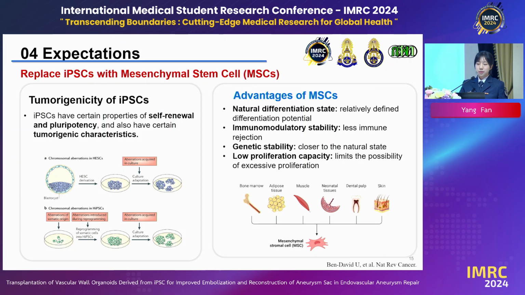In addition, we also consider using mesenchymal stem cells to replace the iPSCs, because it is reported that iPSCs may have certain properties of self-renewal and pluripotency, and also certain tumorigenic characteristics, while the MSCs have limited differentiation potential and lack extensive pluripotency, reducing their tumorigenic risk.